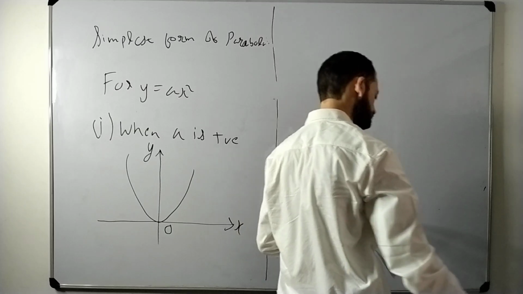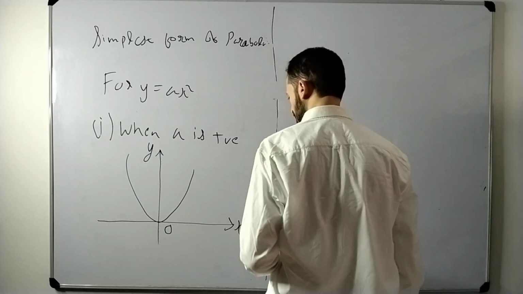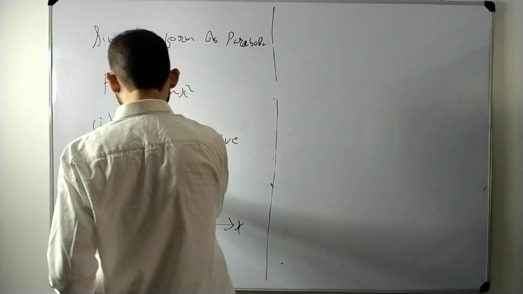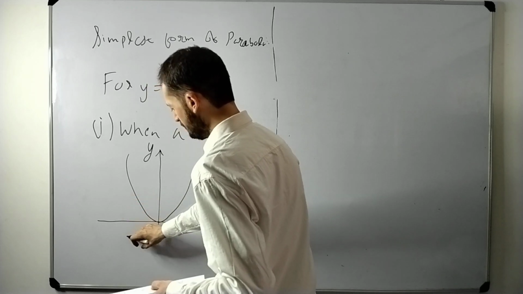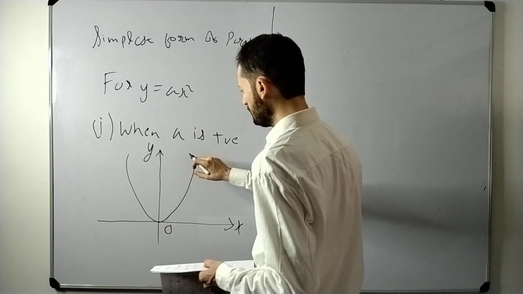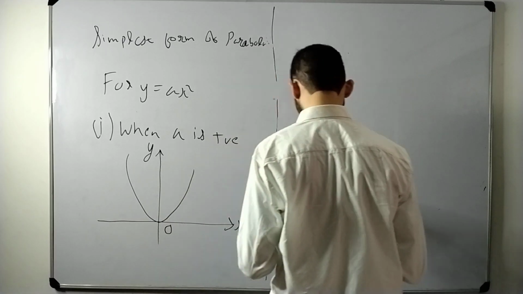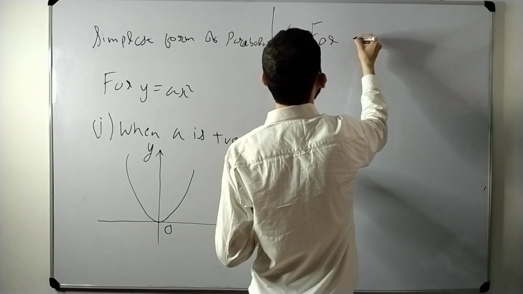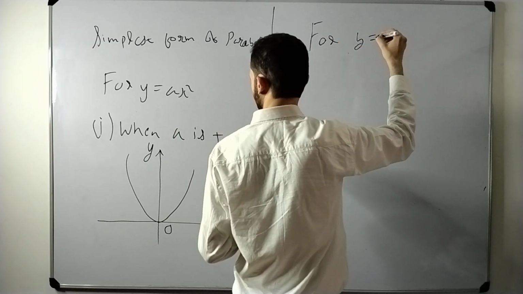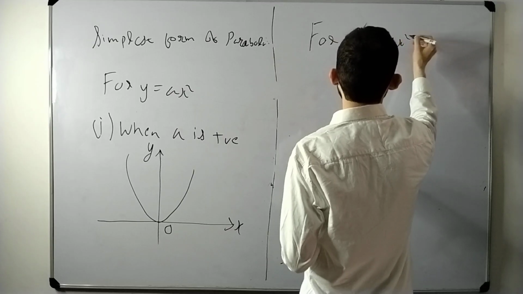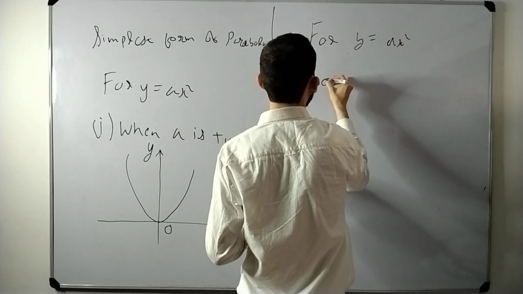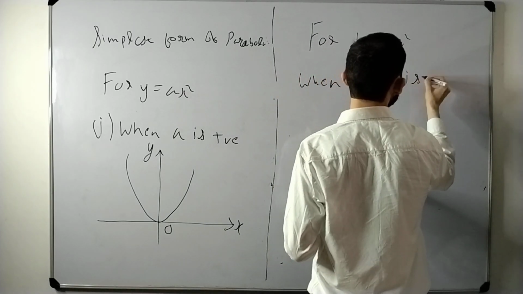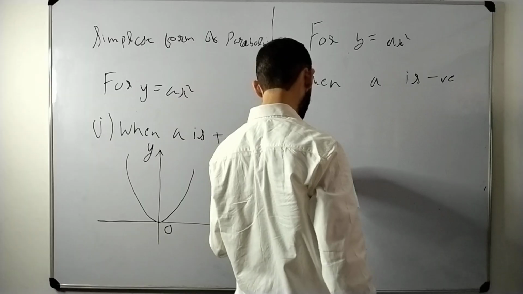So the next part, the vertex is the turning point of the parabola, where you go into the negative axis and then you go into the positive axis. For y equals ax square, when a is negative, right, students?